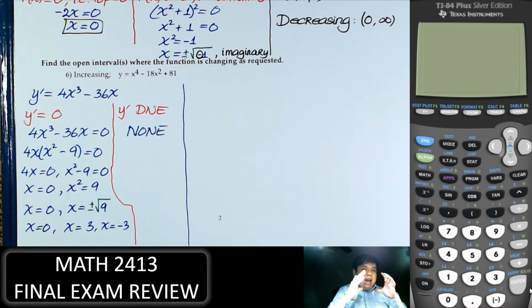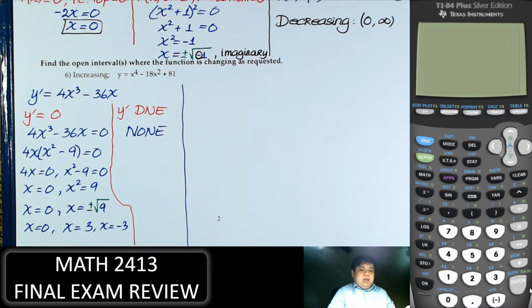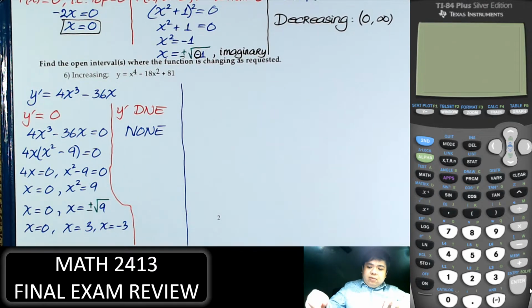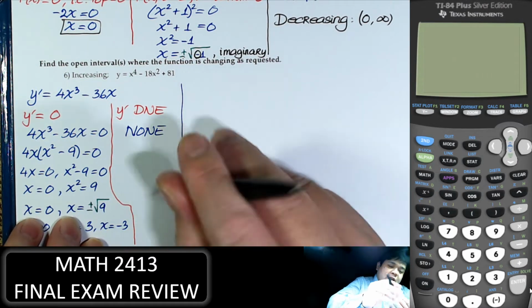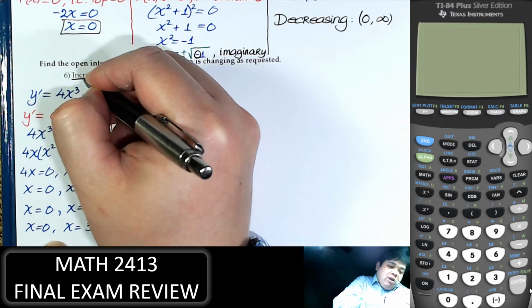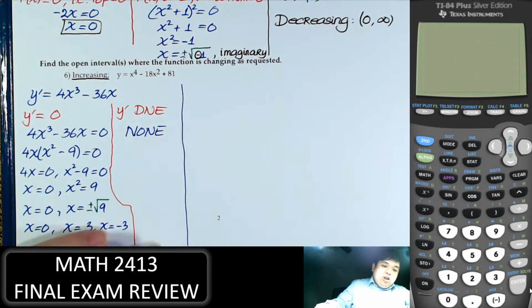We just need to know what happened in between those points. If we were asked for the local maximum or local minimum, then we would need to evaluate at these points. But we only need to find where the function is increasing, so the sign chart will be enough.